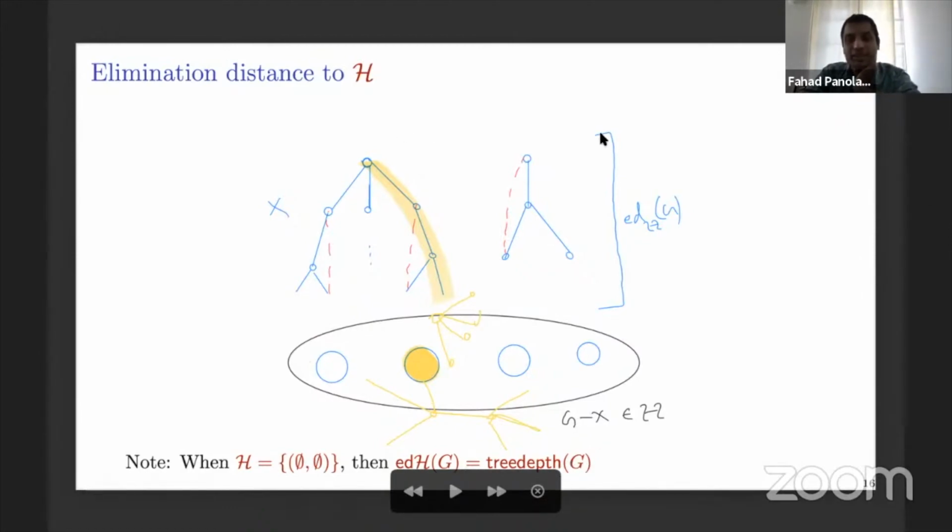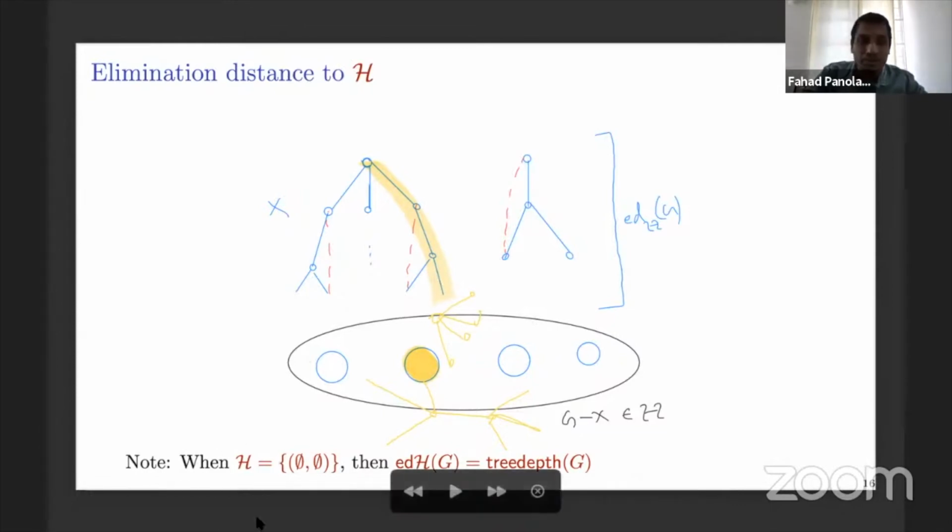We should be able to get a rooted forest of depth equal to the tree depth of G, and there will be a bijection from the nodes of the tree to the vertex set of the graph, and for any edge in the graph, the corresponding vertices in the tree will be in an ancestor-descendant relationship.